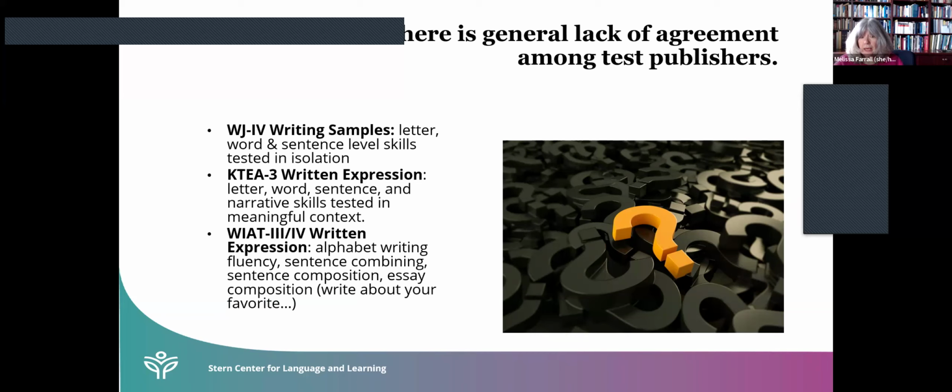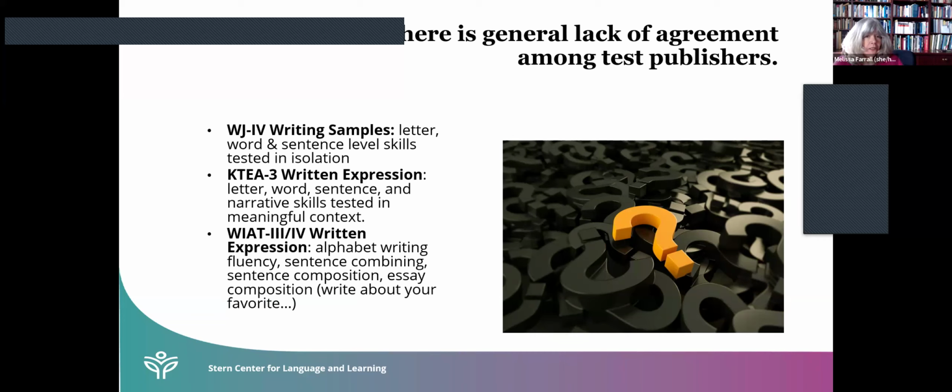They were going to look at sentence combining. So can we take simple sentences and combine them into one sentence? Can we write basic sentences? And then can we write an essay? So we have three different ways of looking at written expression skill.